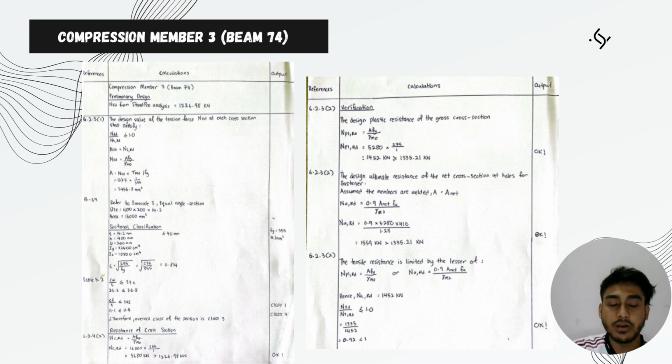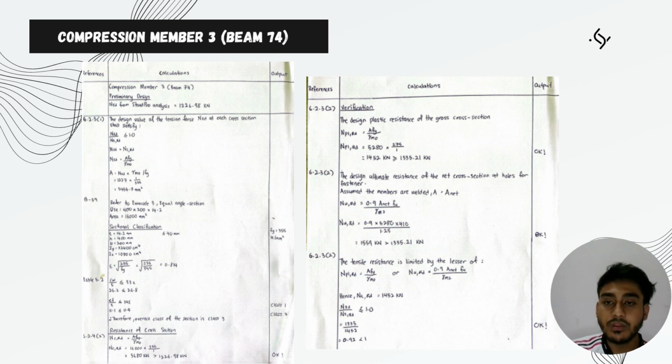Then now we will calculate the section classification, and we use the fy as 355 Newton per millimeter square. After we calculate all of this, the overall class, as we can see, is class 3.